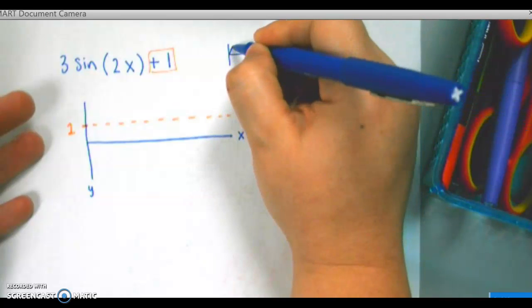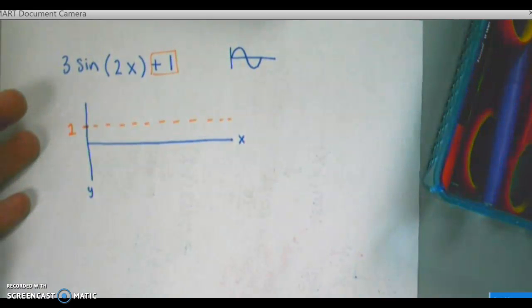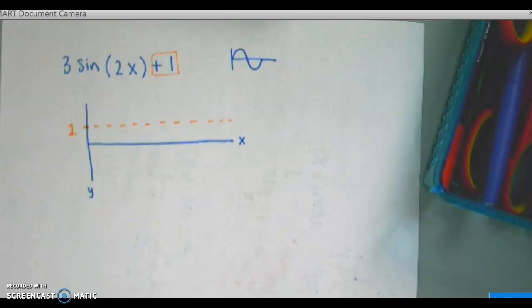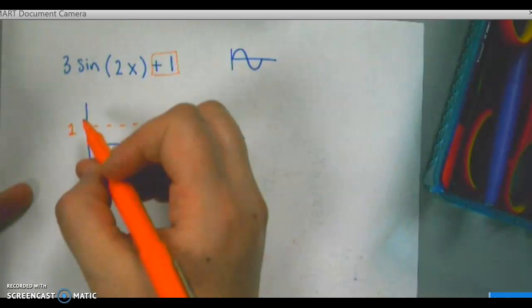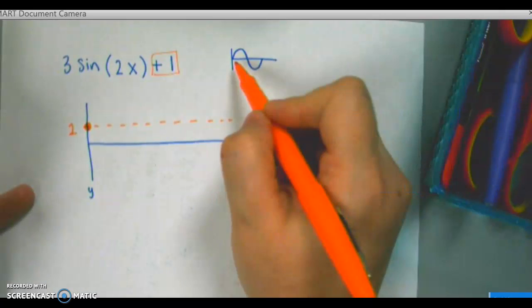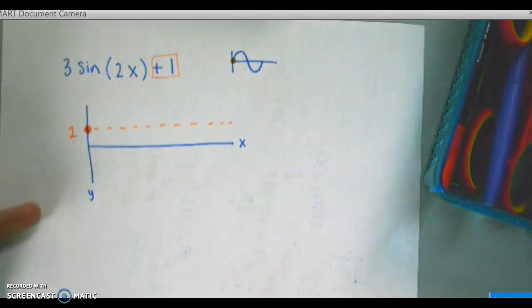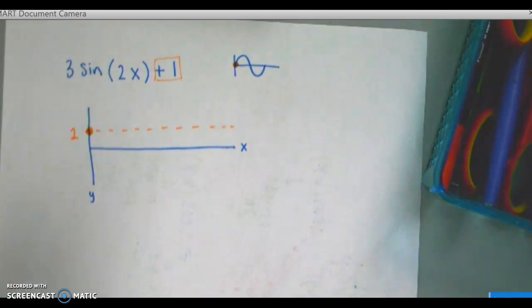So sine is supposed to look like this. So now I have a picture in my head of what sine is supposed to look like. So I know I could put a point right there because that's supposed to be where sine starts on the midline.